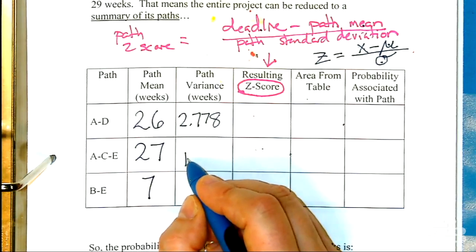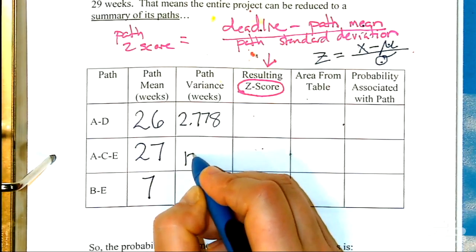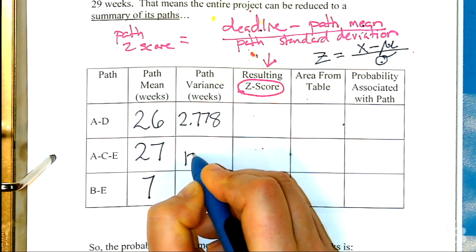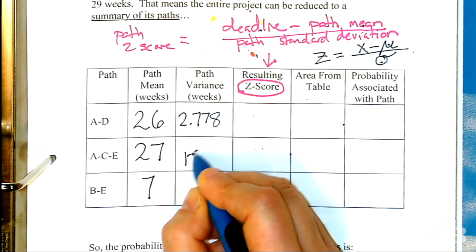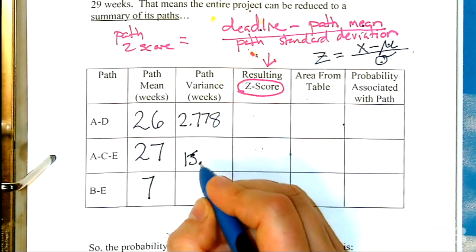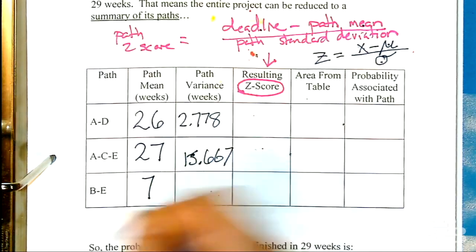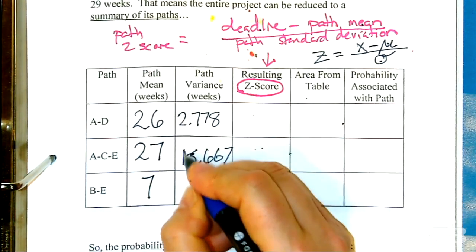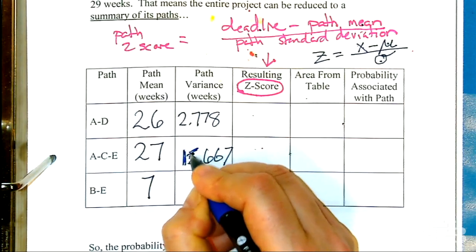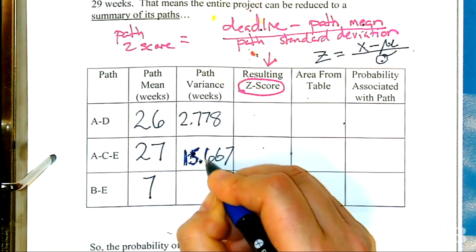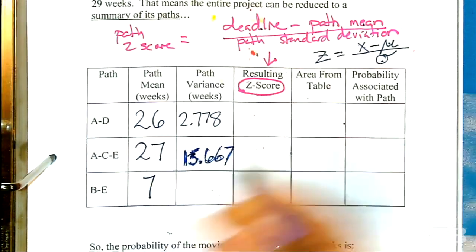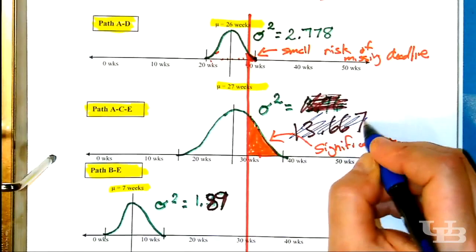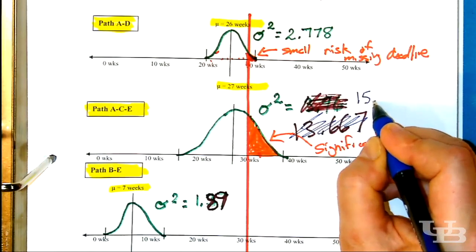Is this 13 or 15? Well, sorry about that. I know somebody is working along somewhere and going, wait a minute. This is 15.667. I hear angsty sighs in the audience.